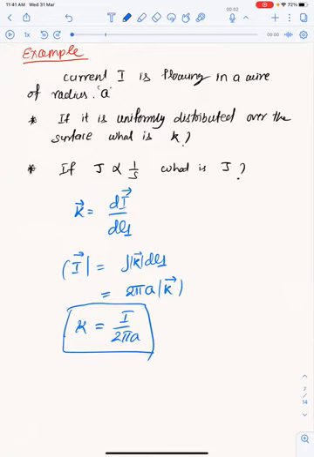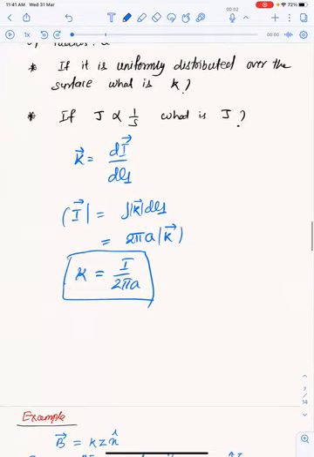Now let us take up the second case. There is a current density which is proportional to the distance from the center, where S is the distance from the center. If it is a cross-section of the wire, this is your S, and the wire is going like that.